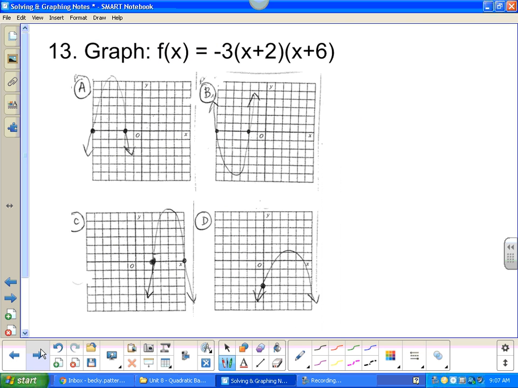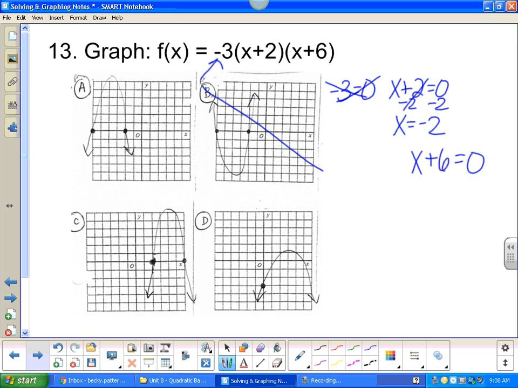Okay, so what about this one? This one's been all kinds of factored. So first of all, I know it opens down. So B is out. Okay, it's already been factored. So I'm going to take all its parts and set them equal to 0 and solve them.